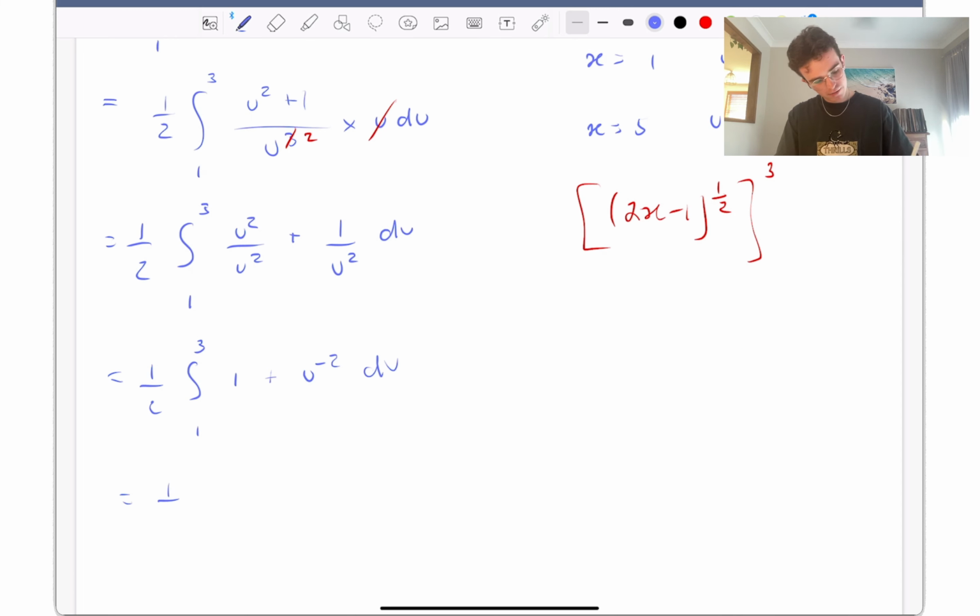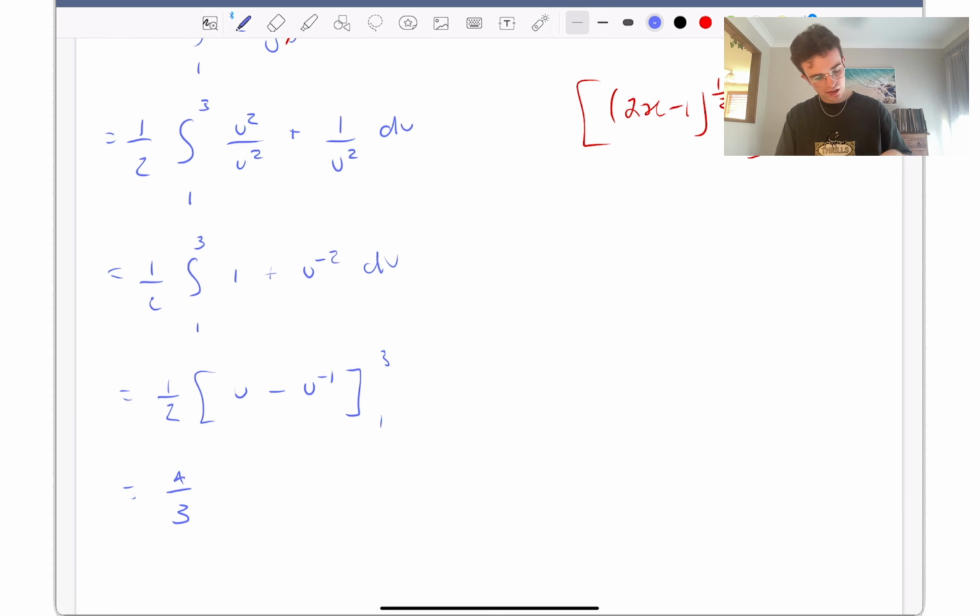The integral of 1 is u. The integral of u to the minus 2 is minus u to the minus 1, from 1 to 3. If you plug that all into your calculator, you get 4/3. Alright, sorry about that mistake, but that is the correct answer there.